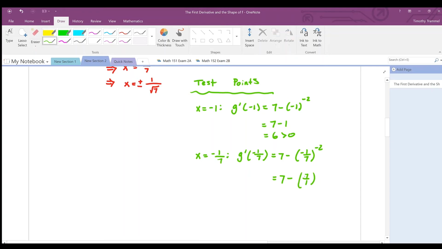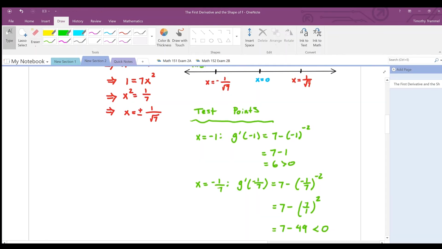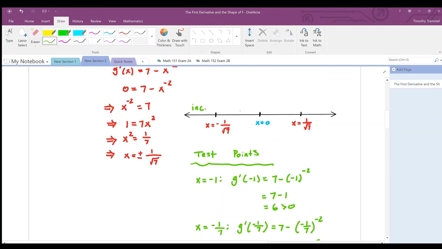If we were to square a positive number or a negative number, both wind up being positive. So we end up with 7 minus 49, which is negative. We don't even actually care what this is precisely equal to. This is less than 0. So over that other interval, it is decreasing.